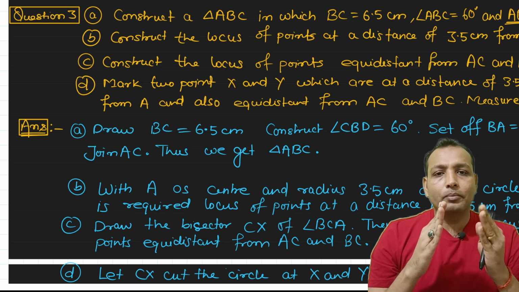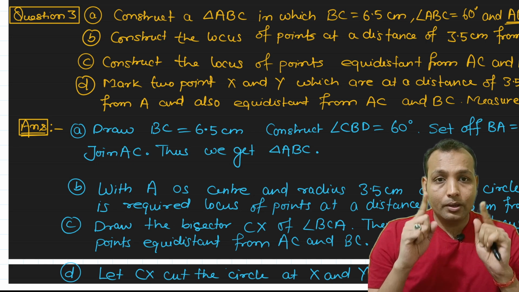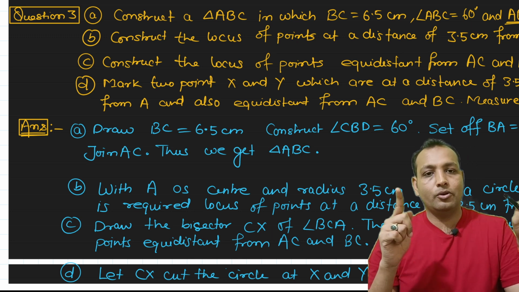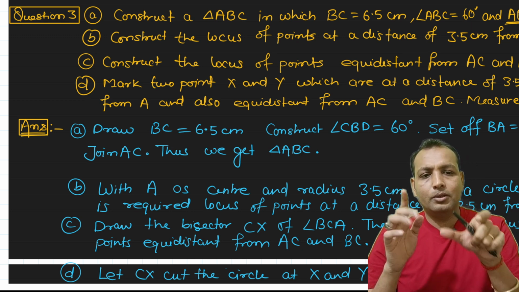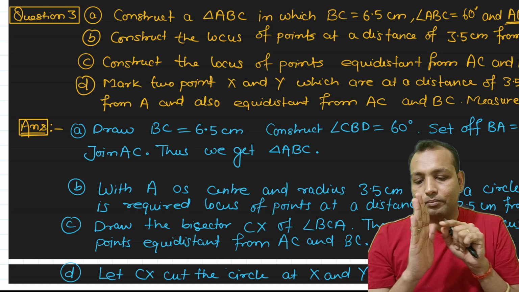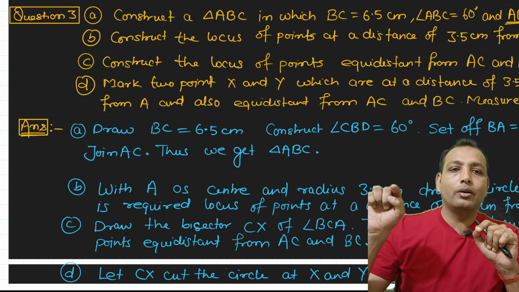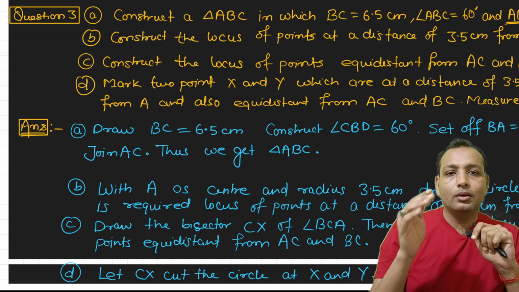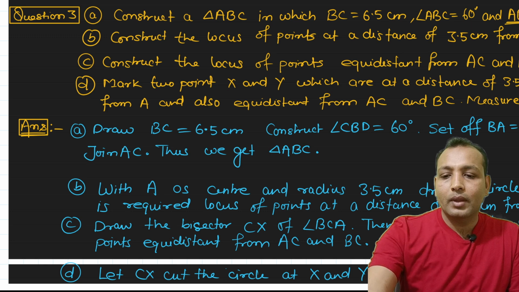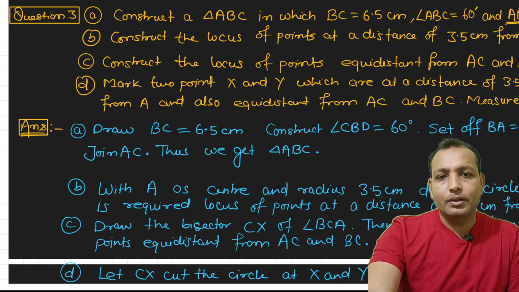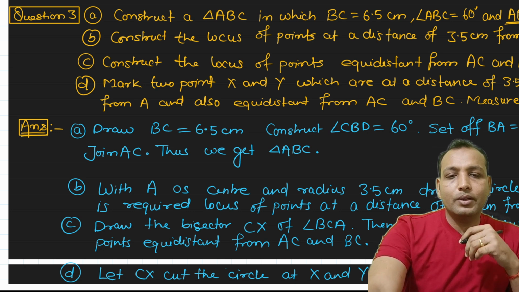For a 6.5 centimeter line, you can draw a line and mark it using the scale, and using the protractor you can draw an angle of 60 degrees, and AB equal to 5 centimeters is also given.